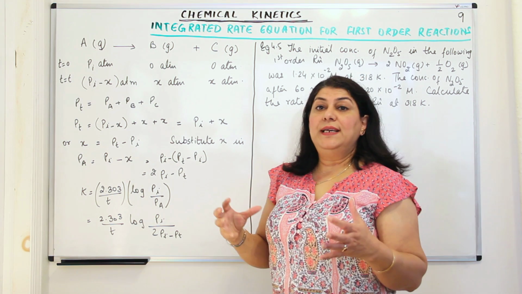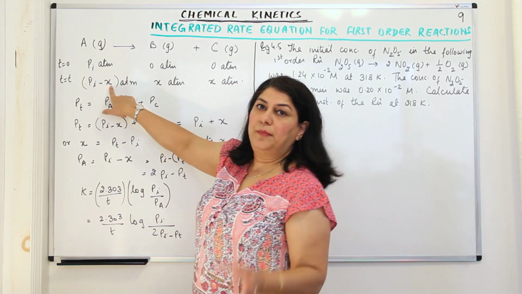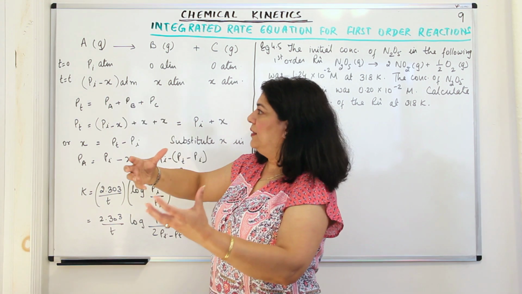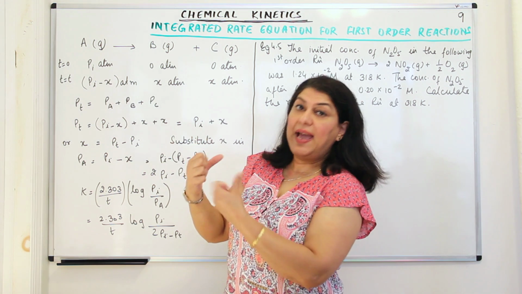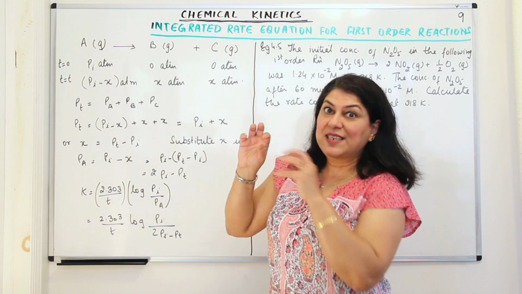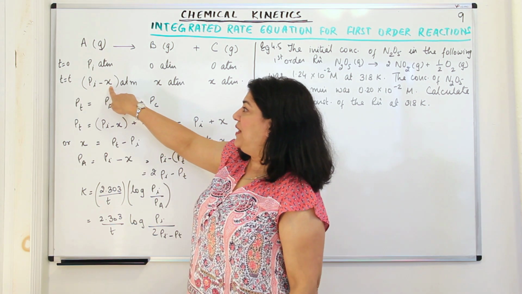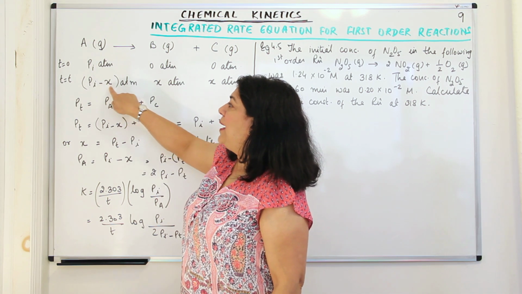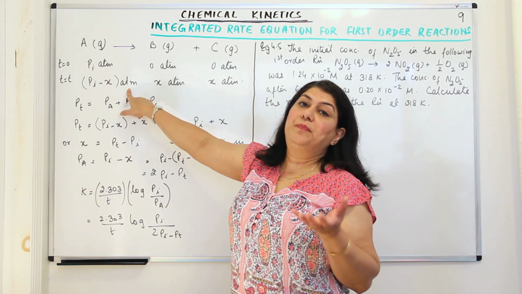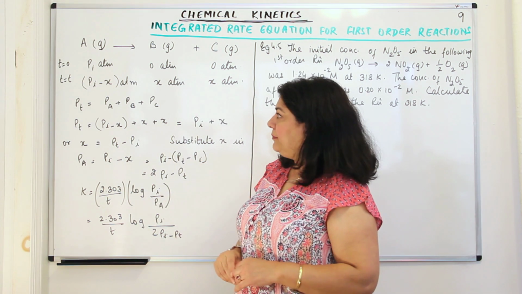Now at time T, let us say that X amount of partial pressure of the reactant decreased due to the reaction. So Pi minus X atmosphere would be the partial pressure of the reactant at time T.